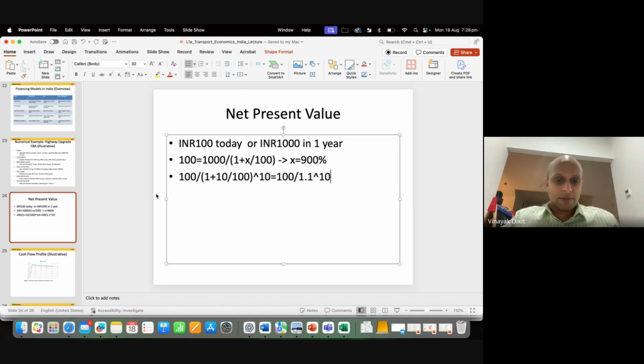Let me get my calculator out. It's basically equal to 38 rupees roughly. That is what discounting is. Clear?